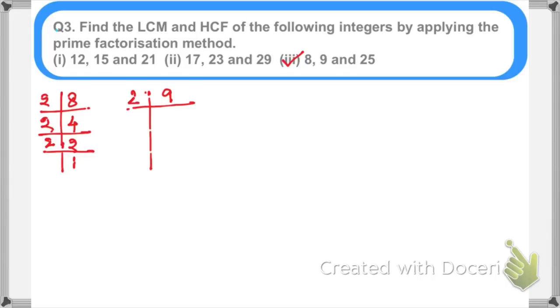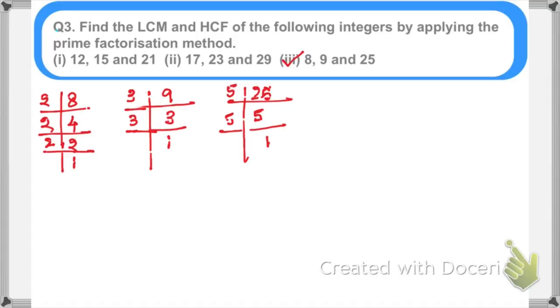It will be divisible by the next prime number, that is 3. 3 3s are 9 and 3 1s are 3. Now coming to the third number, that is 25. It will be divisible by 5. 5 5s are 25, and then 5 1s are 5.